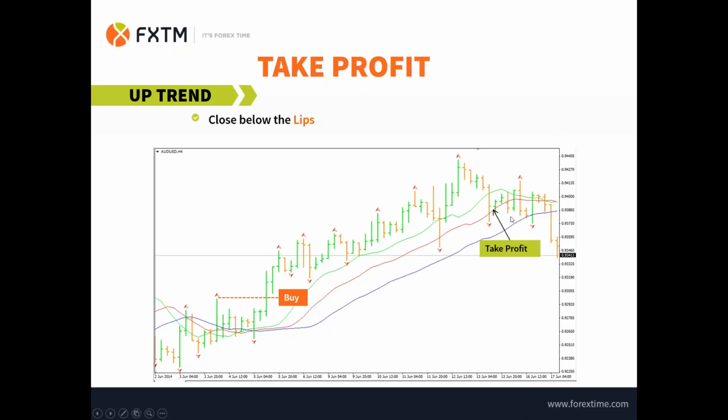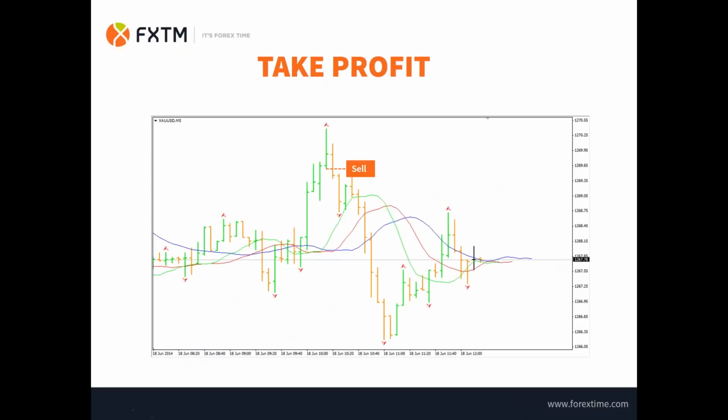If you want to be a little bit more aggressive, perhaps you can say I want to find a close below the red, and so on. But I think I prefer this close below the lips, below the green line in this case, because I had a lot of profit, right? So take profit. I sell here, bearish divergent bar. And of course, do you see here? I can take all my profit when I get close above the lips.